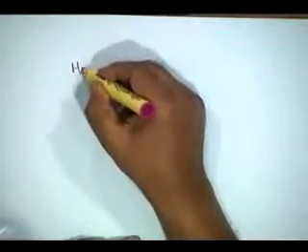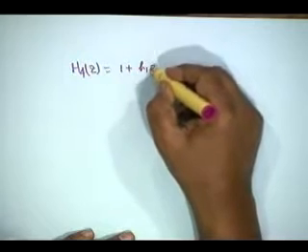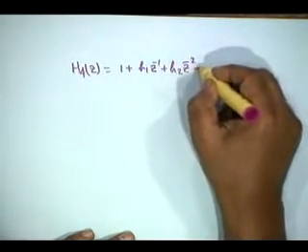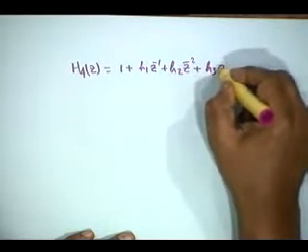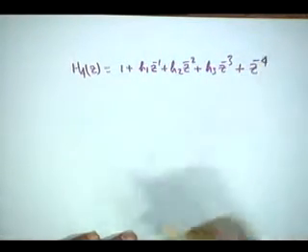Now, to continue with the problems, first we had considered last time odd length and symmetrical filter, that is 1 plus H1 Z inverse plus H2 Z to the minus 2 plus H3 Z to the minus 3 plus Z to the minus 4.